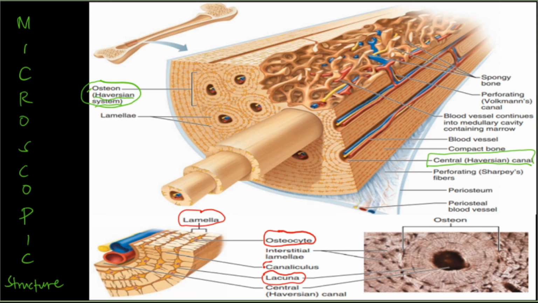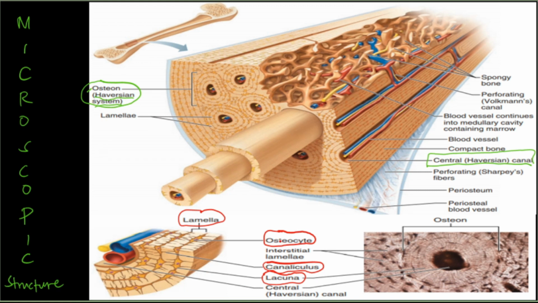This is your canaliculus. These canaliculi are small passageways that allow osteocytes to communicate with their neighbors and also promote exchange of substances between the osteocytes and the blood capillaries.